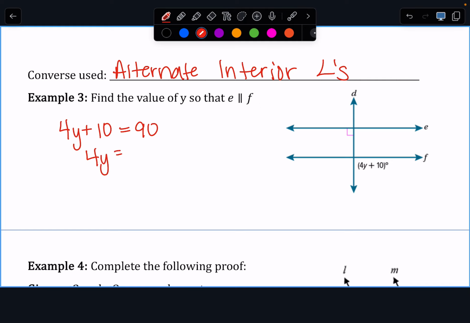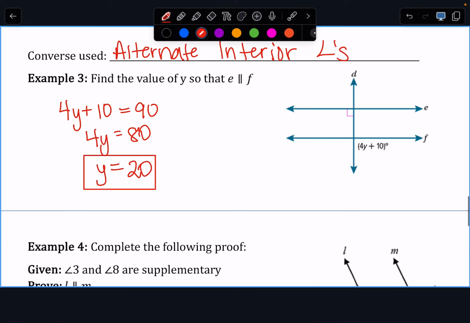I think we're solving for y. And what would y equal? Okay, I was like, man, am I not calculating this correctly? Oh yeah, that would be it.